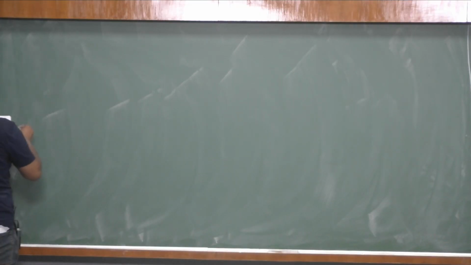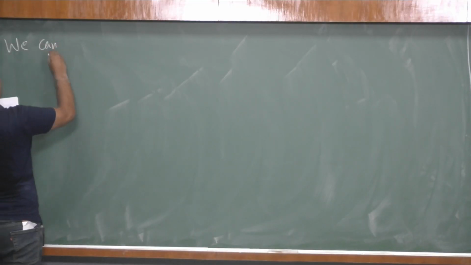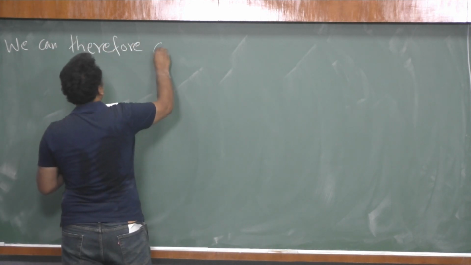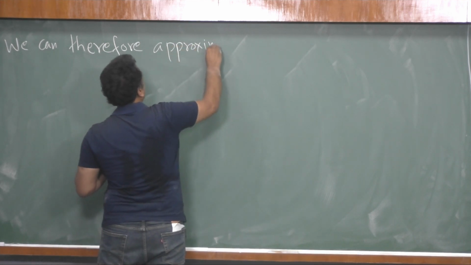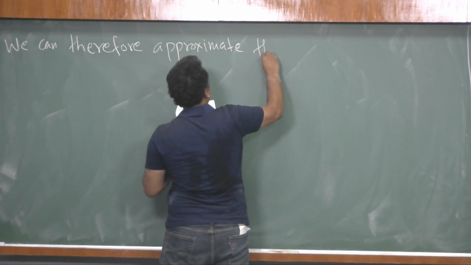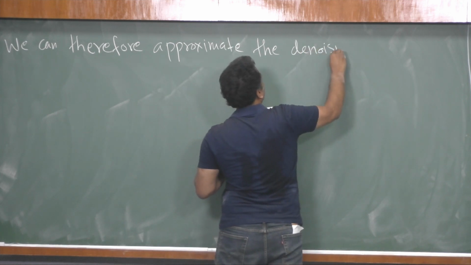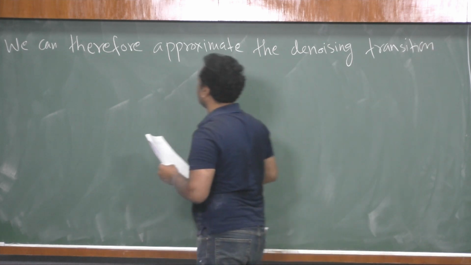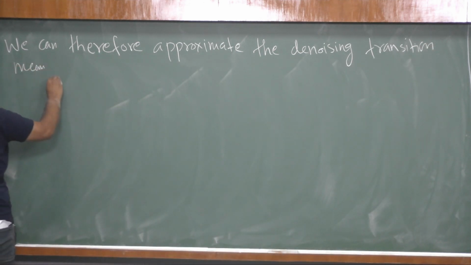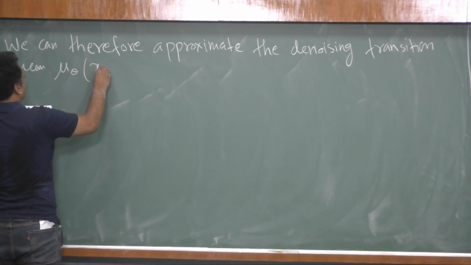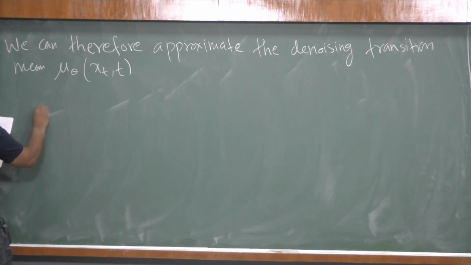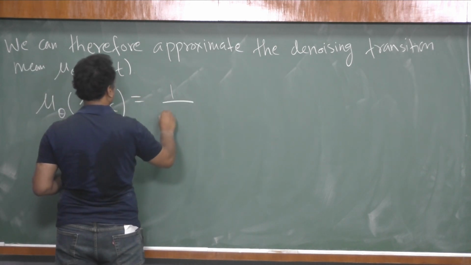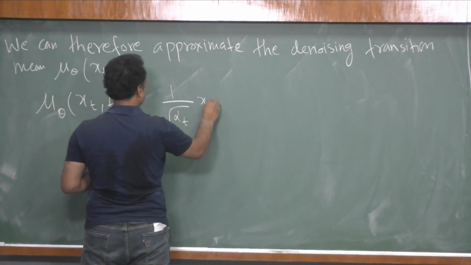So we can therefore approximate the denoising transition mean mu theta of xt, t as follows. Mu theta of xt, t is 1 by square root of alpha t xt.